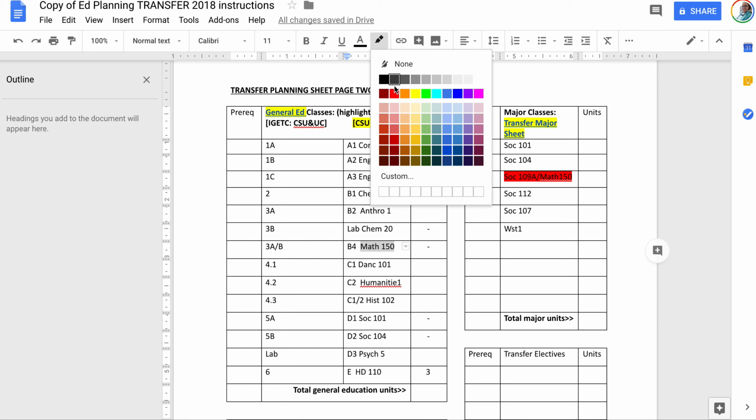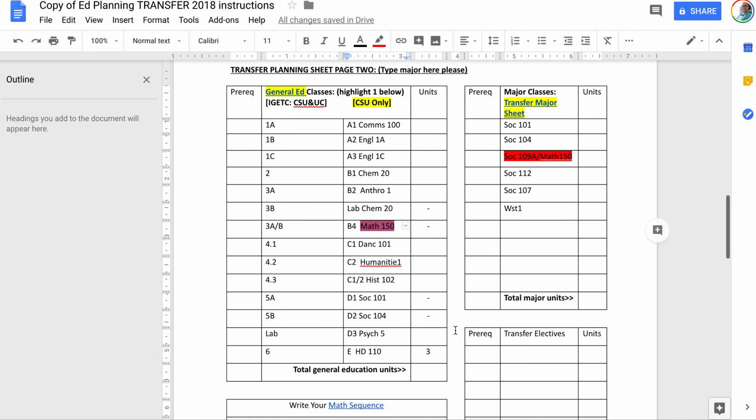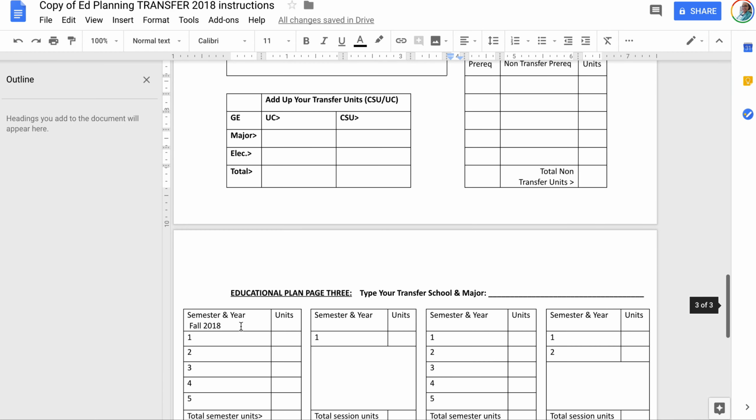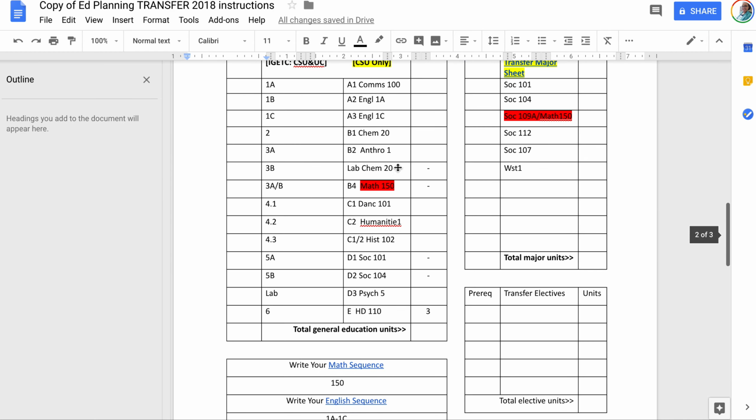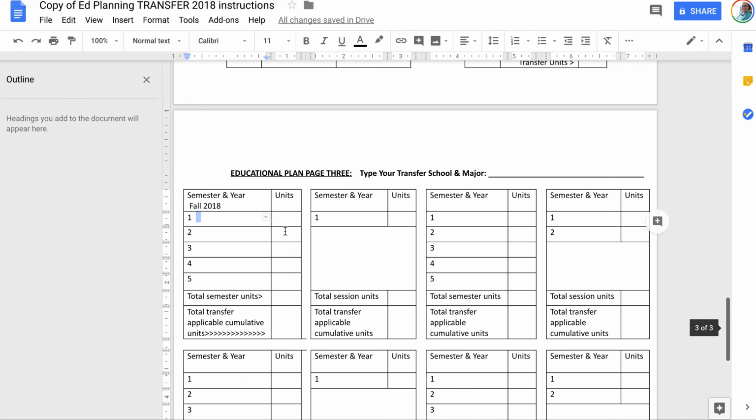You go down one by one and cross everything off. Anything left over goes in your fall 2018 semester, and then you can cross those classes off, and everything should be crossed off on your planning sheet when you're all done. That will be it. So resubmit the link for the page 3 submission, and then you would get those points as well.